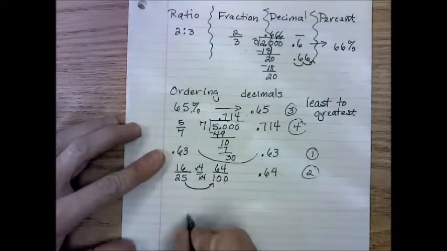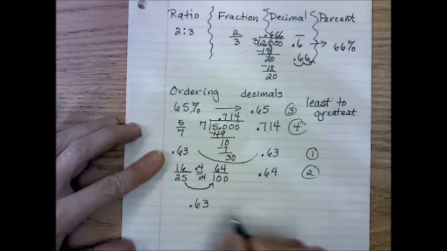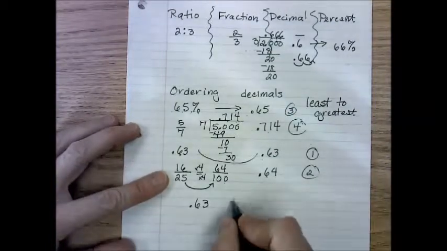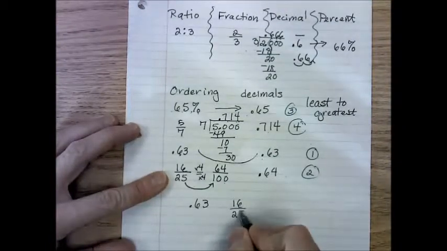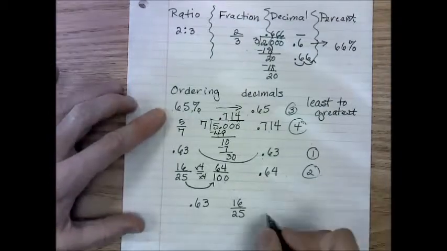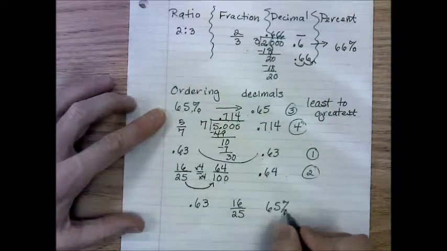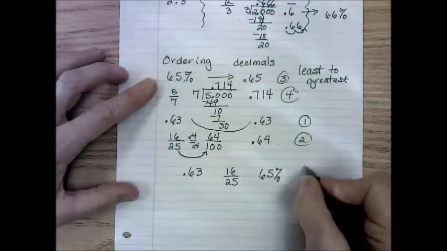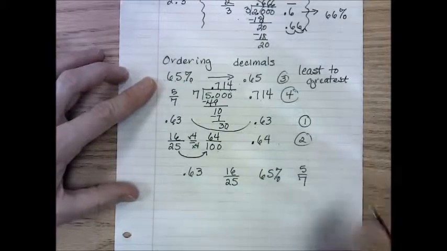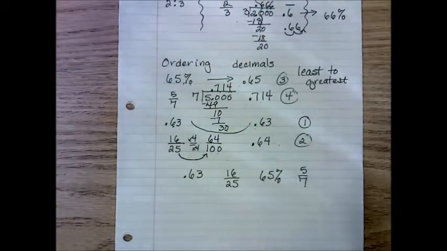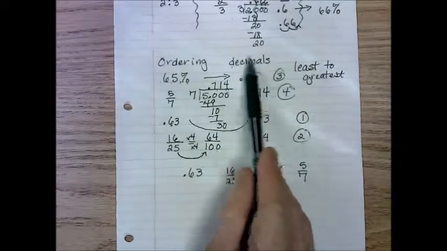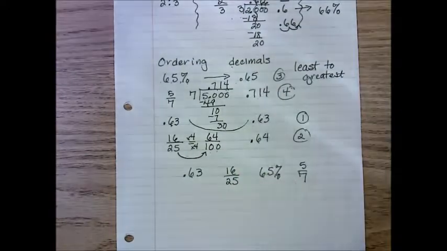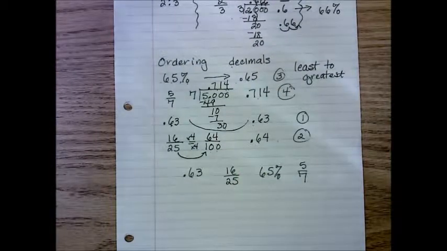So to reorder those, 0.63, and then 16/25 would be next, then our 65%, and last would be our 5/7, in order least to greatest. And generally, most people prefer to change to decimals, but you always have the option to change everything to a fraction or to a percent.